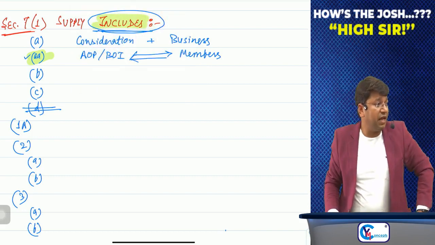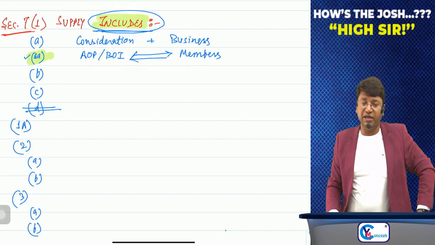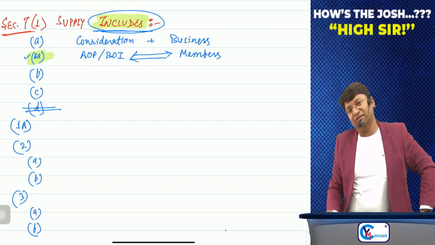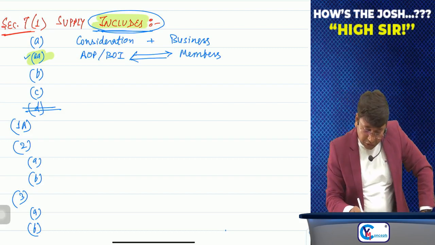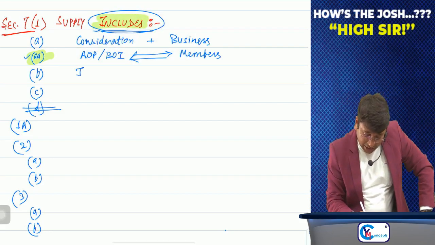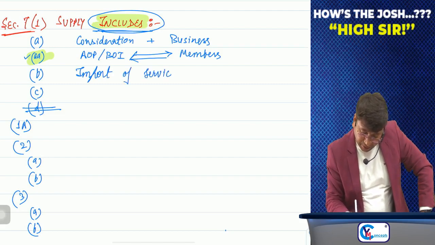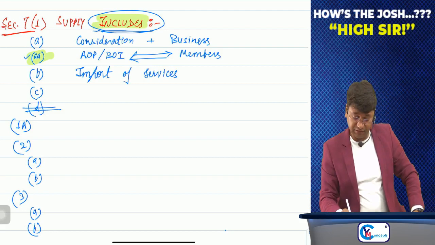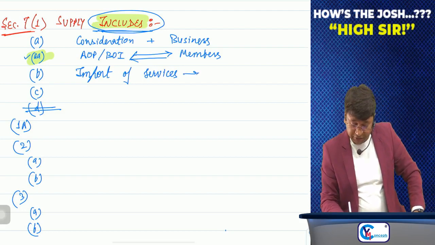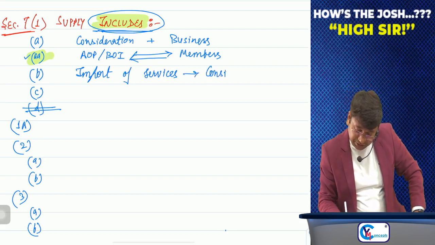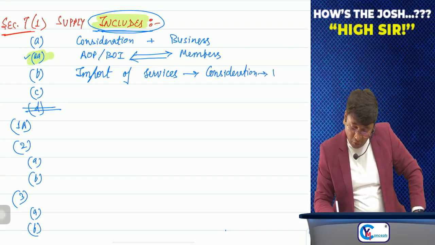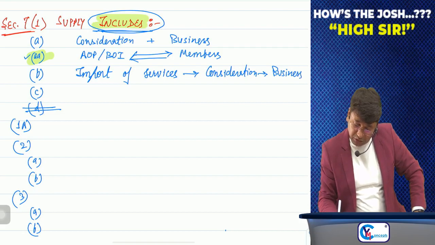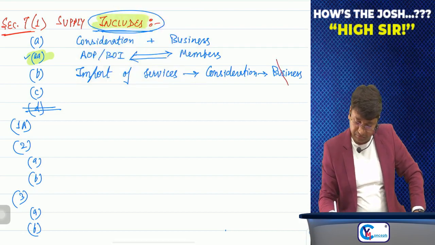Sir, now the term supply. See, we have read clause number A. The term supply includes clause A, clause double A, clause number B. Clause number B says that the term supply includes import of services for a consideration, whether or not in the course or furtherance of business.